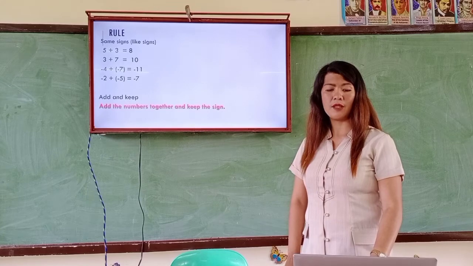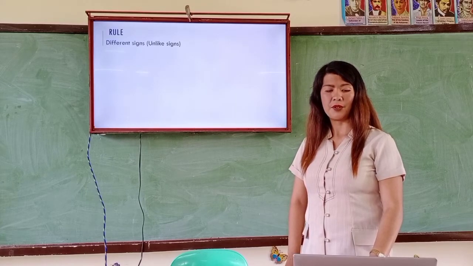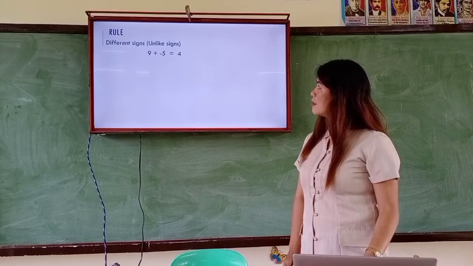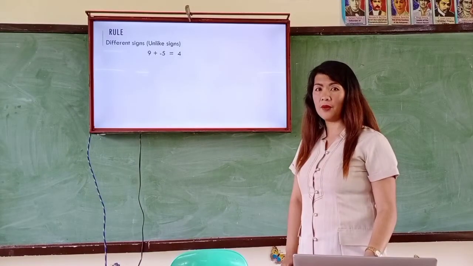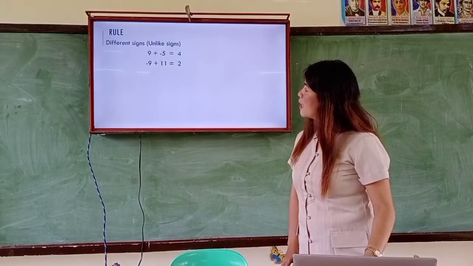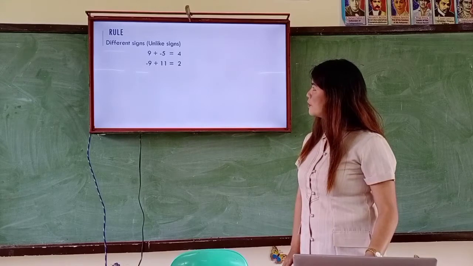Okay, parehas silang negative. Then, how to add integers with different signs or unlike signs? We have here positive 9 plus negative 5 equals positive 4. Negative 9 plus positive 11 is equal to positive 2.